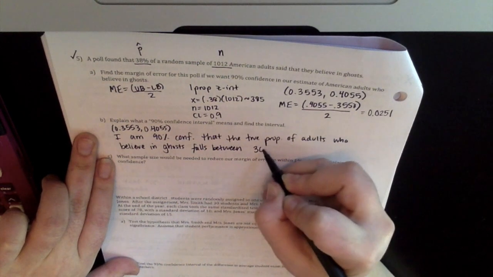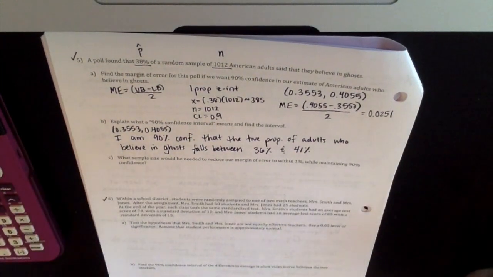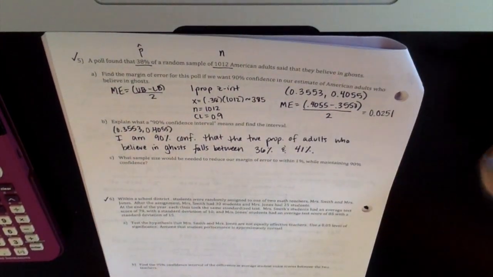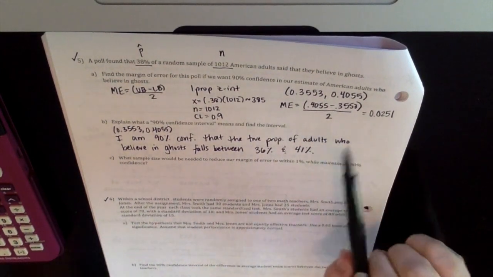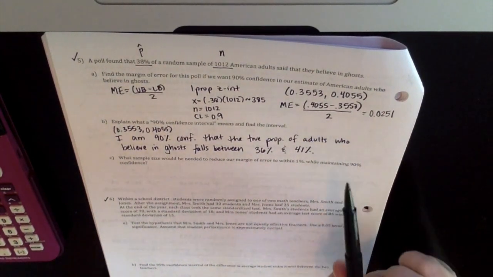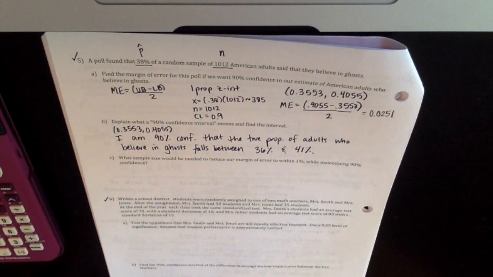Let's say 36% and 41%. We'll just round them for the sake of this problem, okay? You can leave these as decimals and you don't have to convert them into percentages. Don't worry about that. You can say the proportion lies between and then leave them as decimals. It's totally up to you.